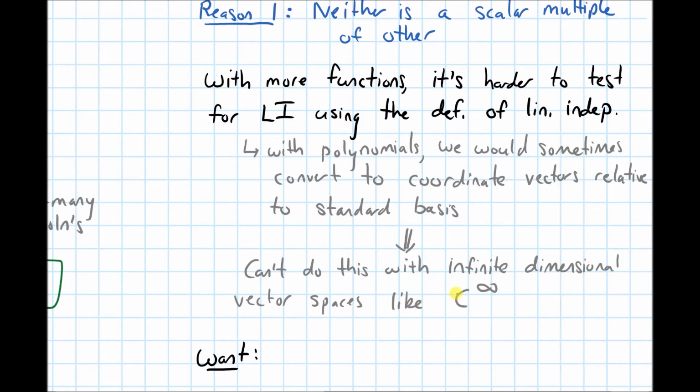So C infinity is the space of infinitely differentiable functions. And that's what we're working with here. The set of solutions to our homogeneous differential equation is a subspace of C infinity. So that's what's going to make this coordinate vector approach difficult, because we'd have to form an infinitely long vector.